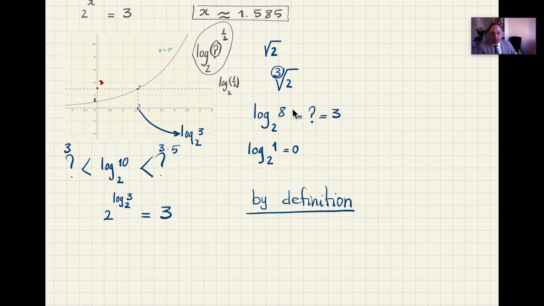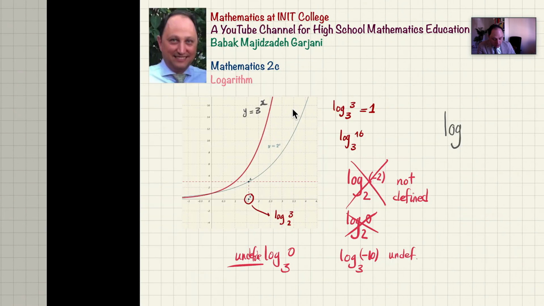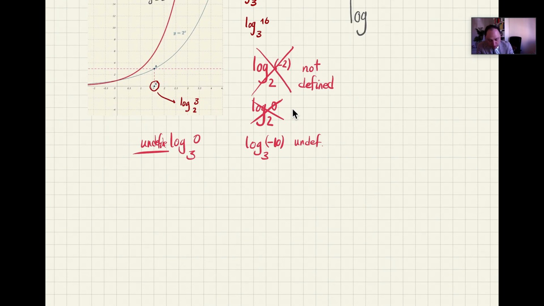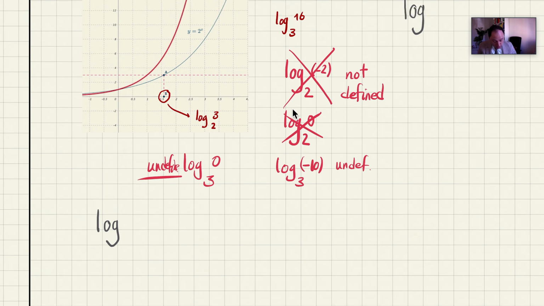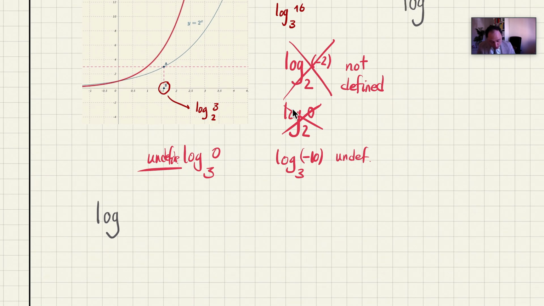Okay. Now let me try to motivate you here. If I want to make life simple, tell me what is happening when I say log of 3 in base 2 is equal to y.